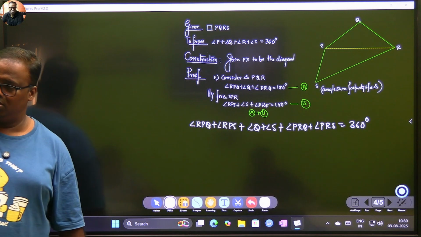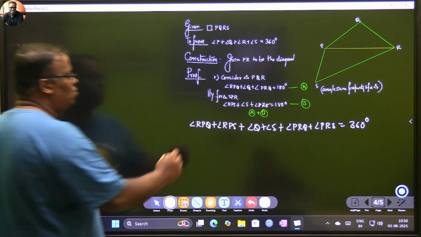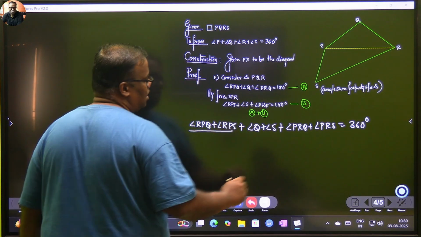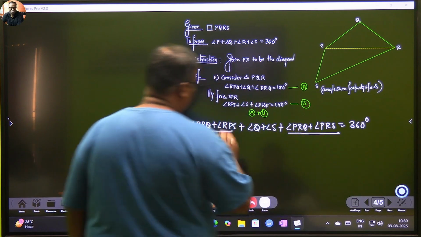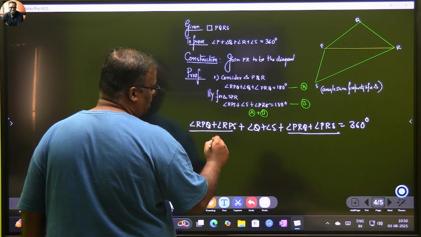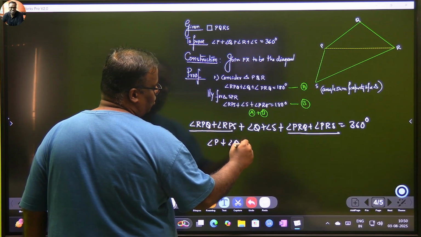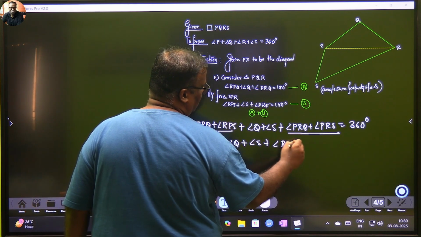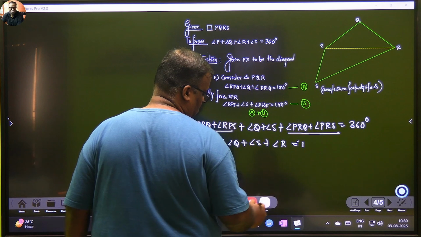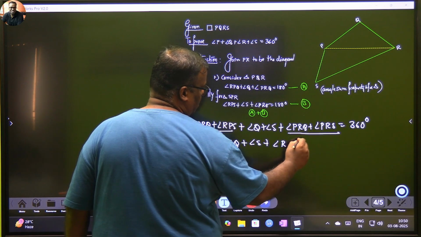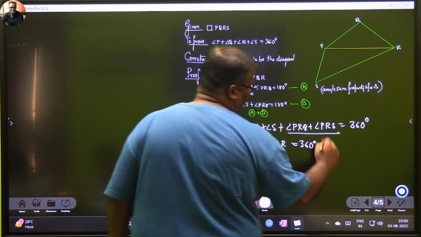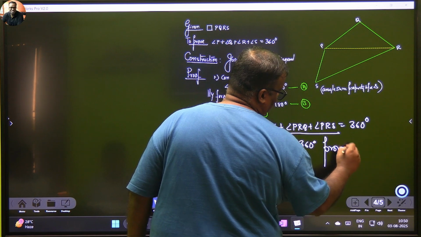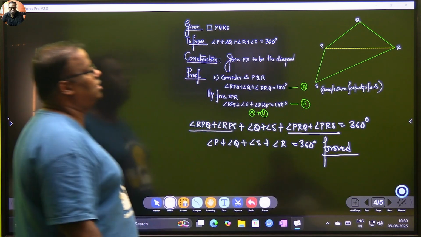Now look at these two angles and these two angles. This is nothing but angle P plus angle Q plus angle S, and this is angle R, equal to 360 degree. Proved. Write the word proved. That's it, you're done.